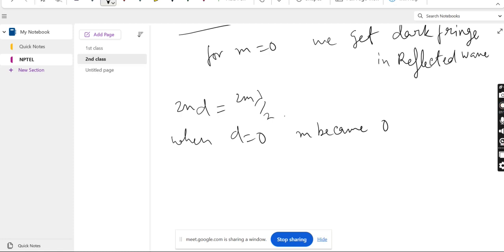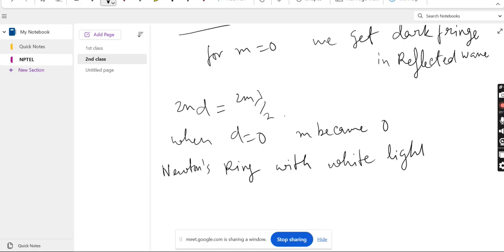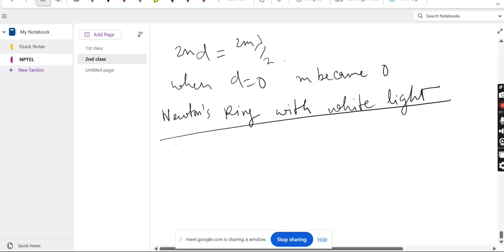And we were discussing the whole thing up to this point with lambda as a monochromatic light. But what will happen when we get Newton's rings with white light? At the center, for every wavelength, d is 0.